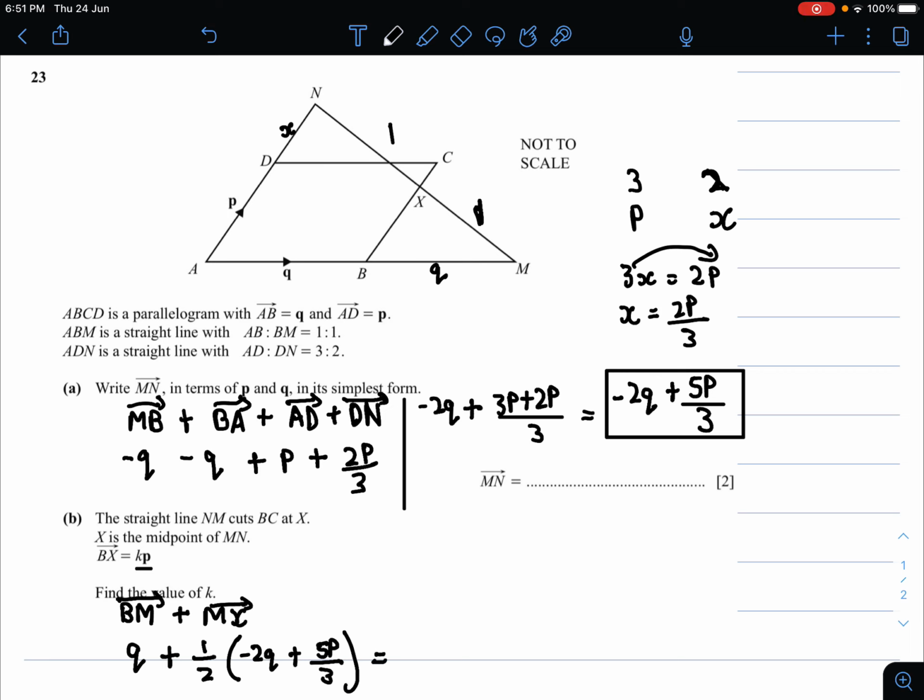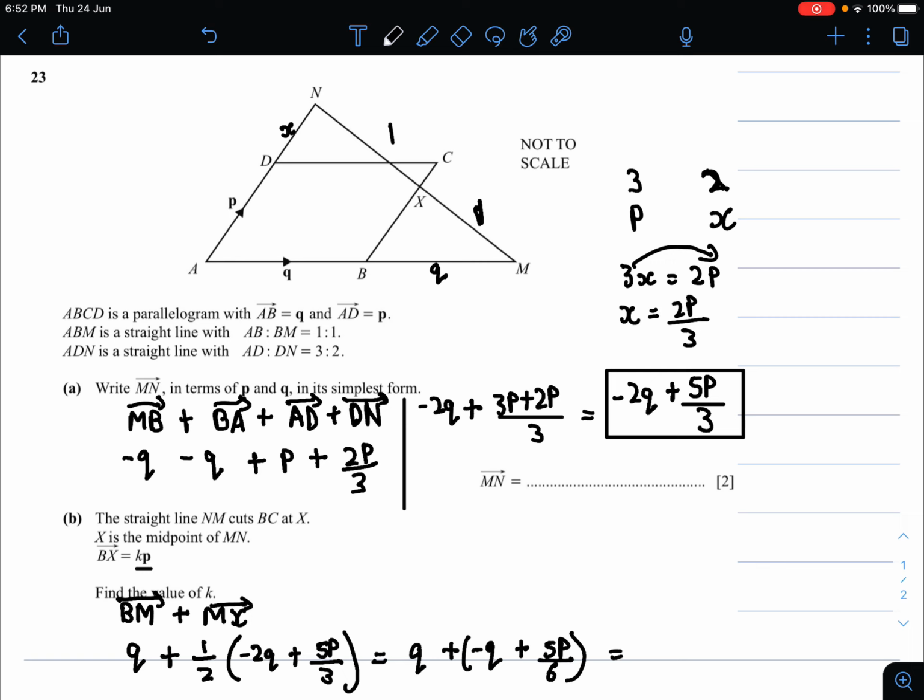Now if we simplify this, we will get q plus half into minus 2q would give us minus q, and half into 5p by 3 would give us 5p by 6.